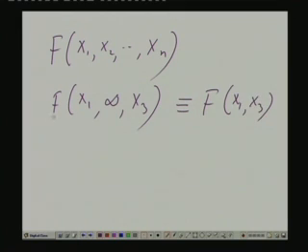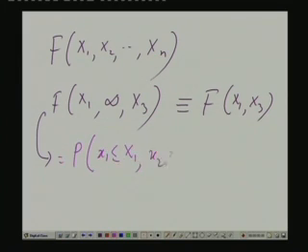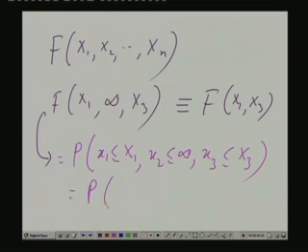Why? After all, what is this? This is nothing but the probability of x1 less than or equal to capital X1, x2 less than or equal to infinity, x3 less than or equal to capital X3. Now, x2 less than or equal to infinity means all possible values of x2 are covered, which effectively means that I am looking at the probability just of this event.